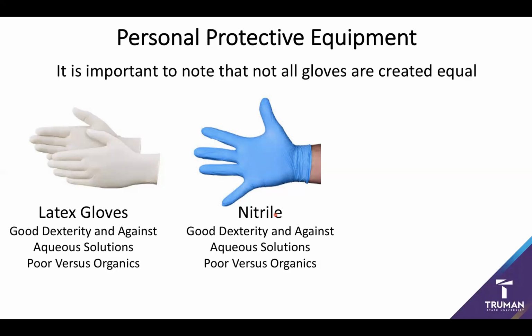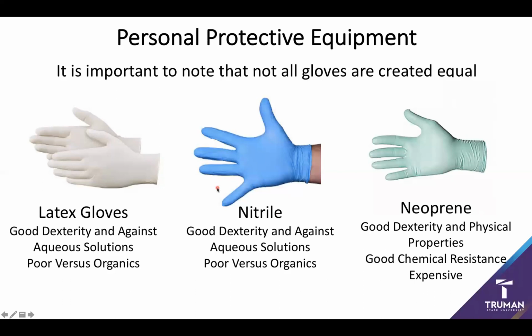So despite the fact that we use these so commonly, the major reason why is they're good against a lot of the aqueous systems we typically work with, and they're very cheap and easy to use. However, a lot of times we do need something that actually can resist organic solutions. For that, you might need something more like neoprene, which can still have good dexterity and physical properties, much better chemical resistance, though again, not perfect.